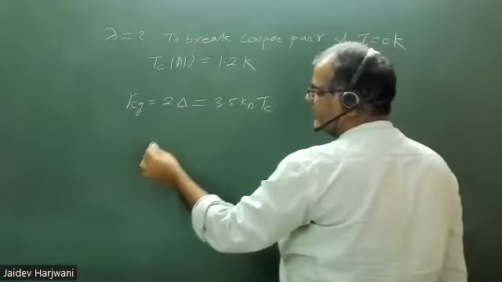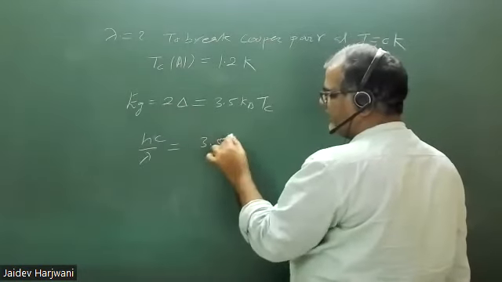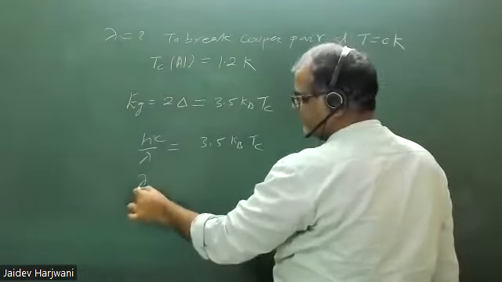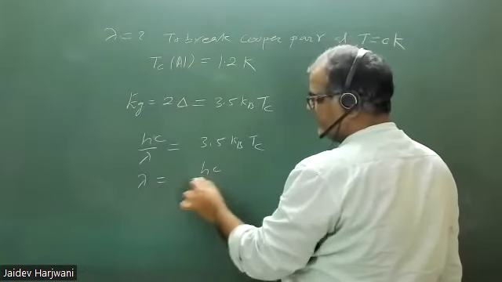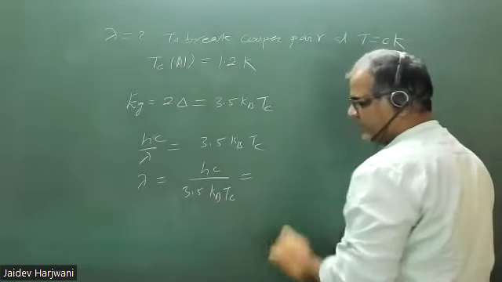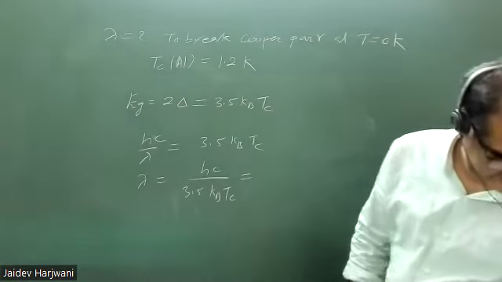Wavelength lambda will be hc by 3.5 kB Tc. You can solve this and tell me the answer.